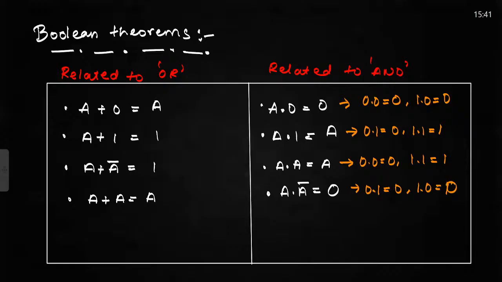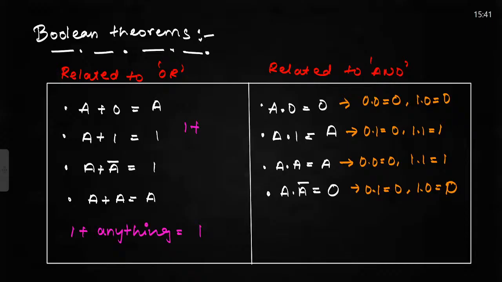So from these derivations we can draw one conclusion. What is that conclusion? 1 plus anything, 1 OR anything. If you are seeing 1 in your equation, then that will always be equal to 1. See, if you represent 1 plus 0 plus 0 plus or 1, then you will always get 1.